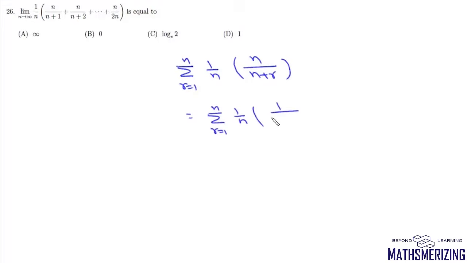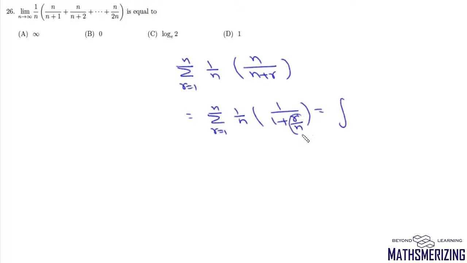Now question number 26, it is nothing but limit of a sum. So we can write this as summation 1 by n, and then n upon n plus r, where r varies from 1 to n. So we can write this as summation r varies from 1 to n, 1 by n, and this is 1 upon 1 plus r by n. Now we'll replace this summation with the integral sign.